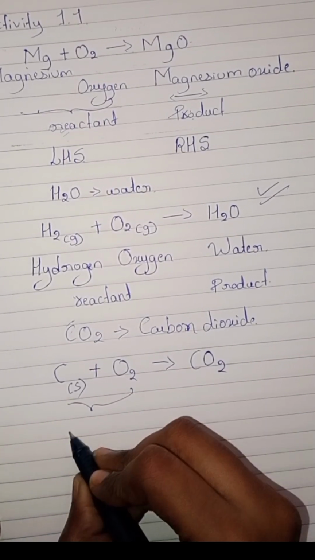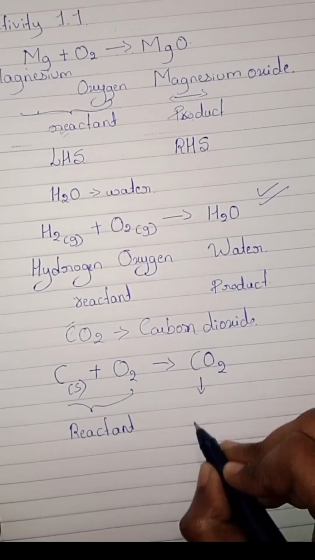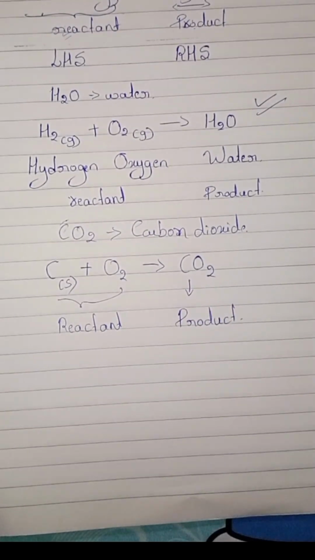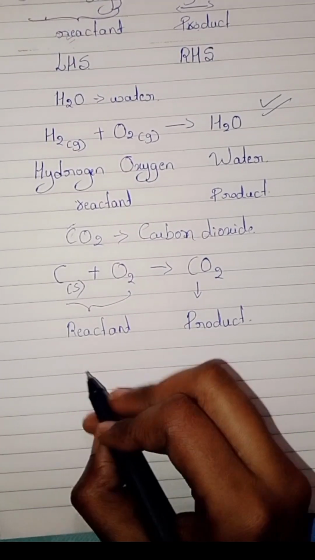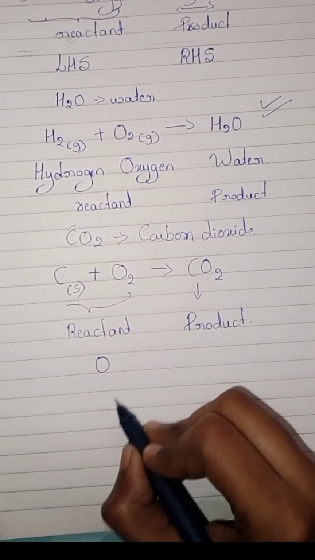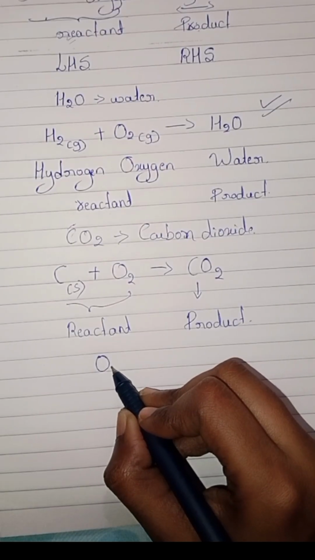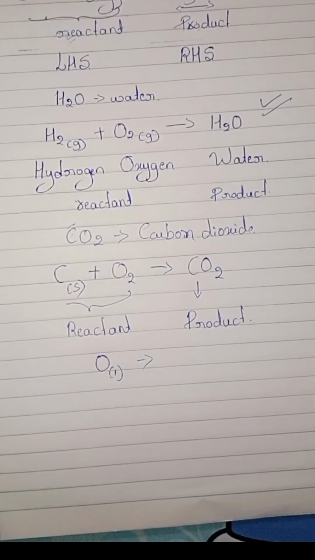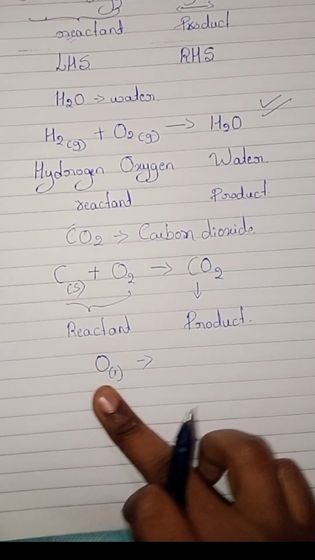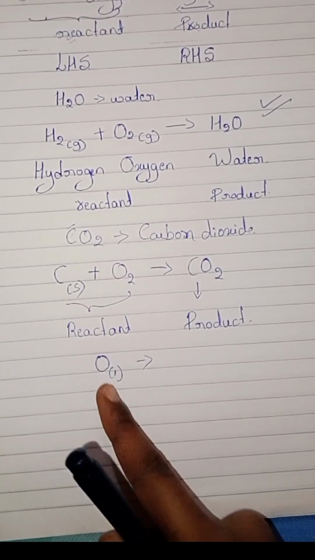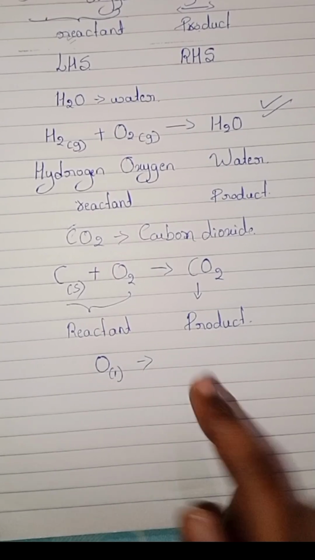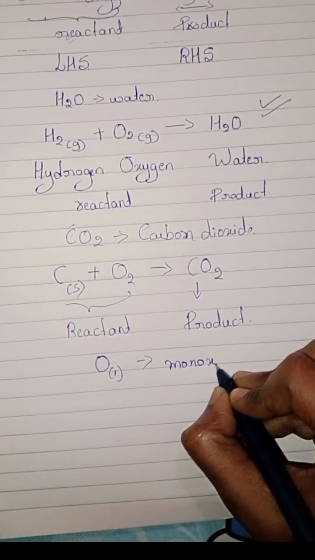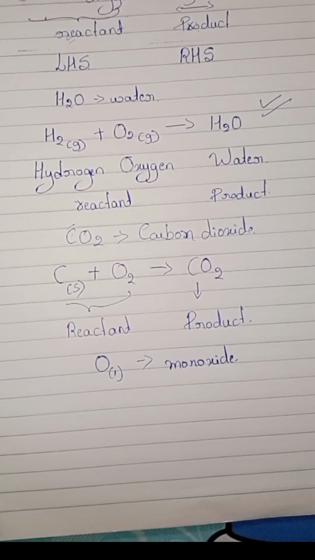See, if in any molecule we have a single oxygen, where we don't have any number, that means we have 1. So if the number of oxygen atoms is 1, then we say it as a monoxide.